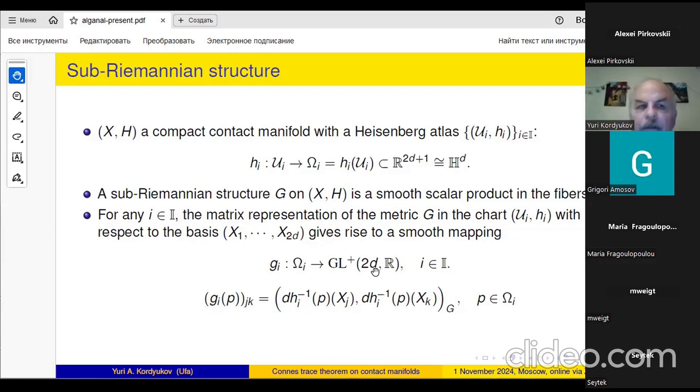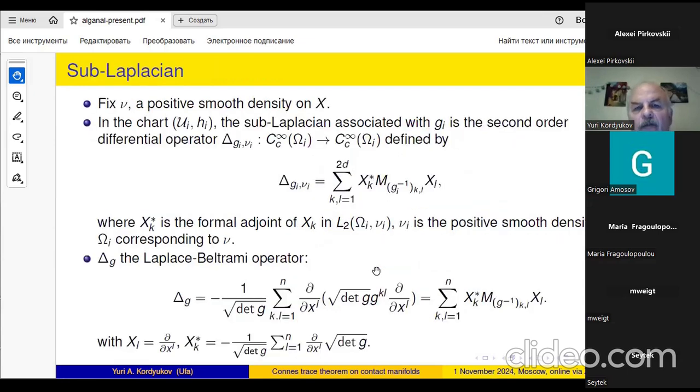Okay? And then we define the operator first in each chart, and then we glue them.